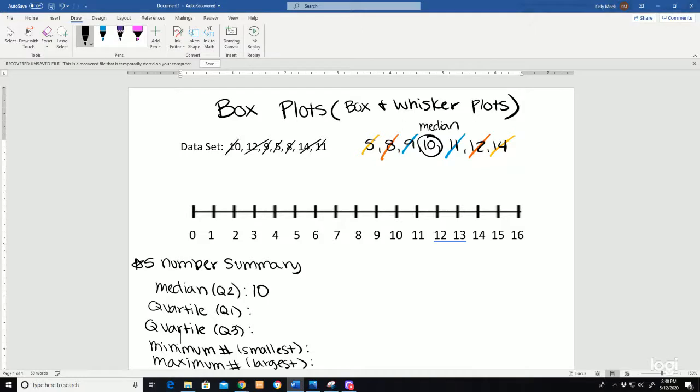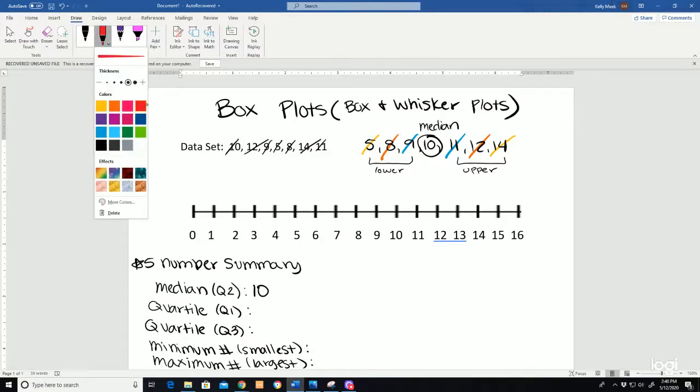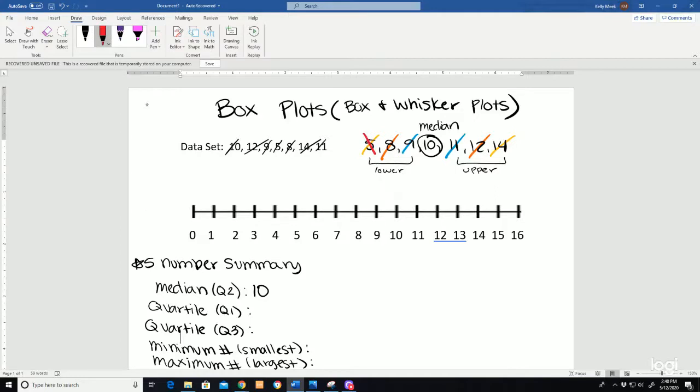So there's my first number that I need to know. After that, I need to find Q1 and Q3. Remember that this is your lower quartile and this is your upper quartile. When you go to find Q1, it is going to be the median of the lower quartile. So I'm going to cross off the smallest and the largest in that lower quartile, and what I'm left with, this number in the middle, is going to be my Q1.